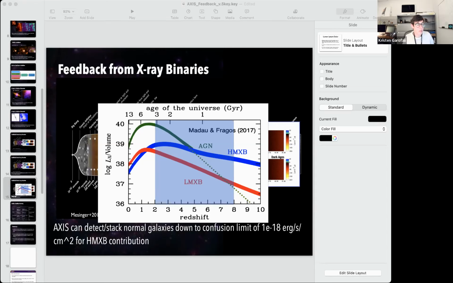Yeah, absolutely. So what nearby studies have shown is that, of course, your low and high mass X-ray binary populations will be highly variable, but in an integrated sense, the shape of the luminosity function is not changing. So especially for a survey, if you're dealing with integrated values for a population, then you should be getting the same kind of integrated average.